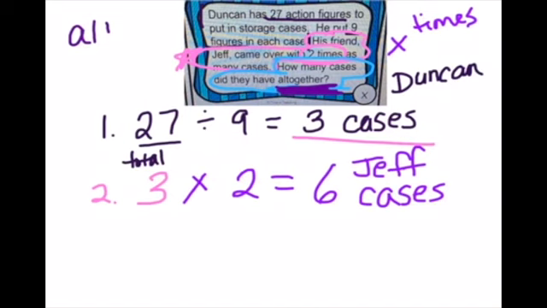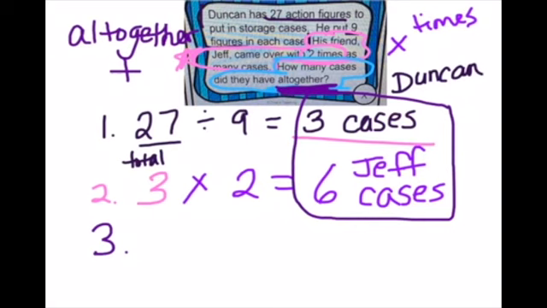Whenever I see the word all together, does anybody remember what that was a hint for? That was a hint that we were going to add. How many cases are there all together, or how many combined? That's the same thing. We're adding. So for step 3, what do you think we'll be adding?